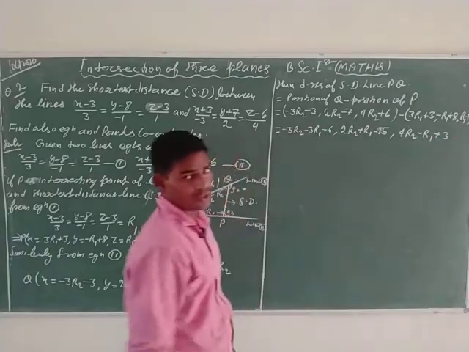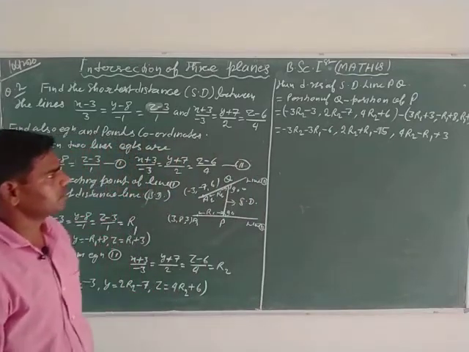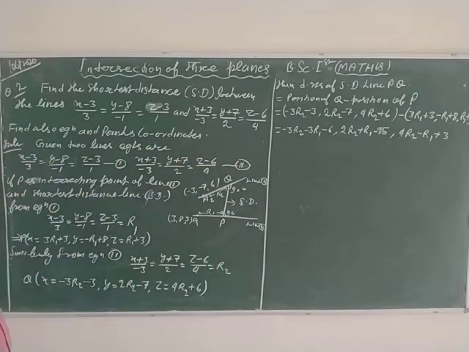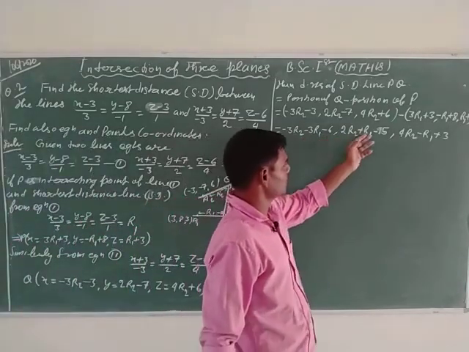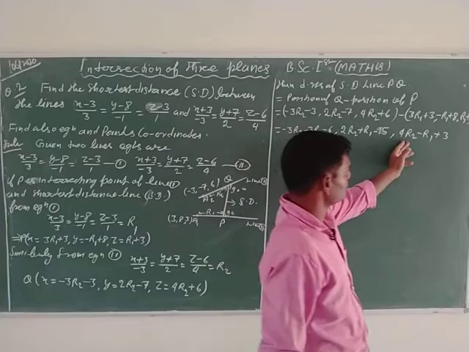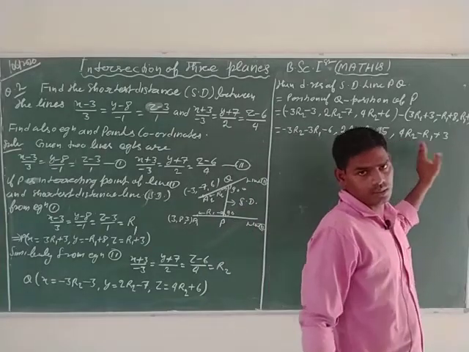These are the direction ratios of the intersecting points, meaning the shortest distance line SD: minus 3 R2 minus 3 R1 minus 6, 2 R2 plus R1 minus 15, 4 R2 minus R1 plus 3.